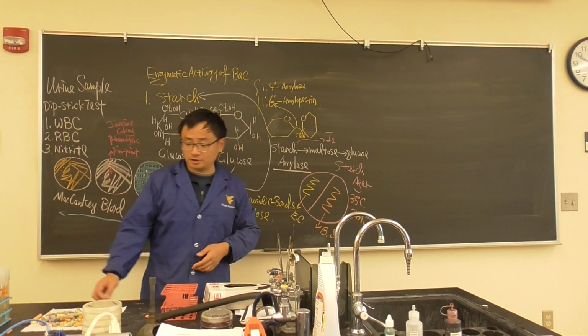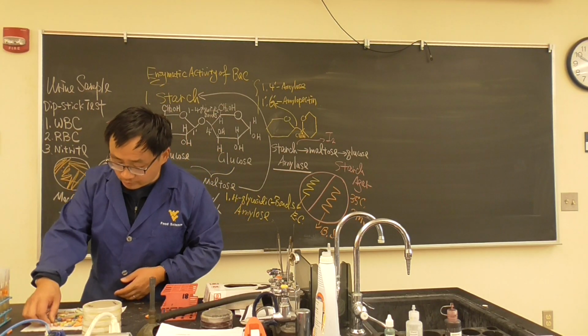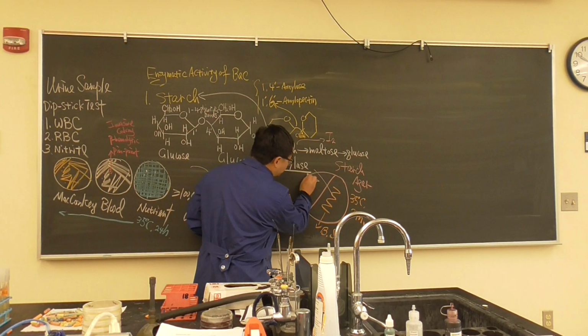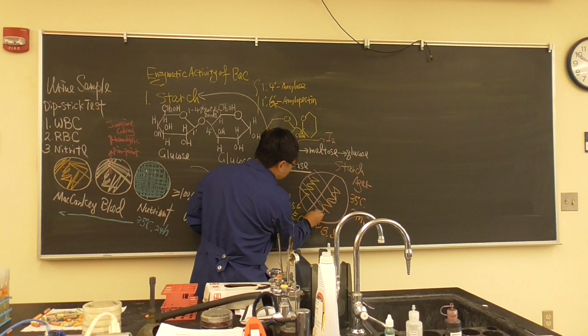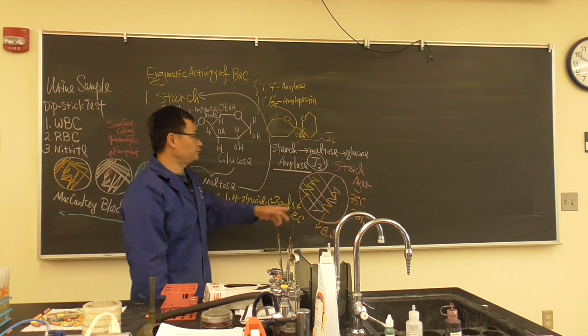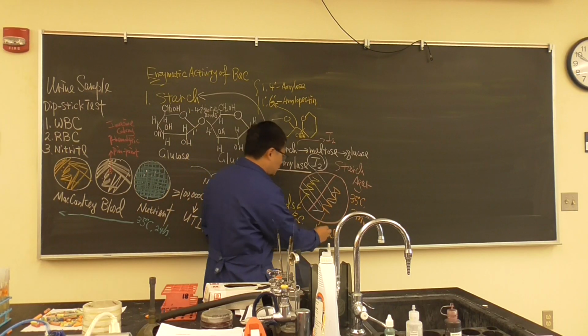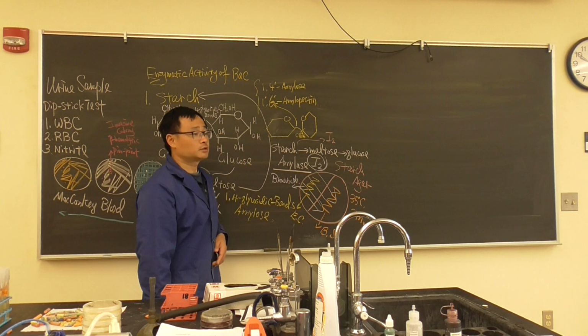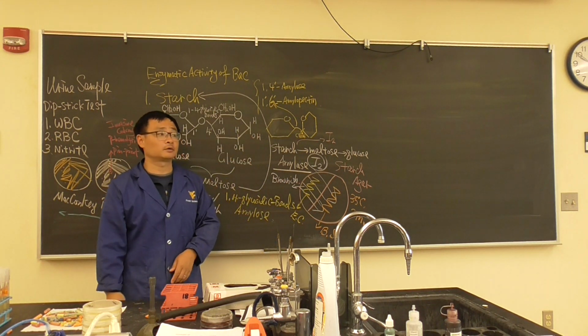So that's a tricky thing. It's just going to twist your mind a little bit. After incubation, we're going to pour the iodine here. If one side shows the brownish color, what this means is the starch is still there.